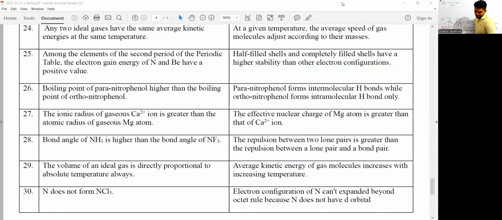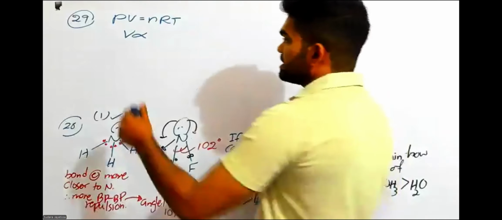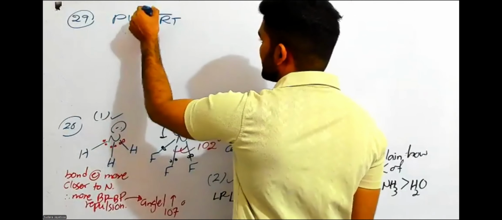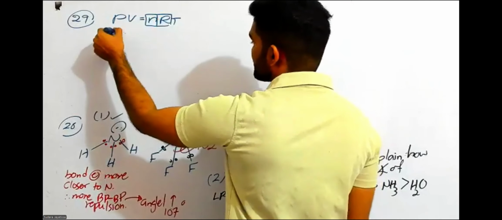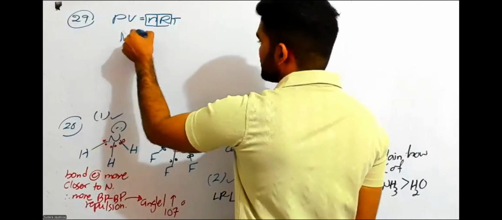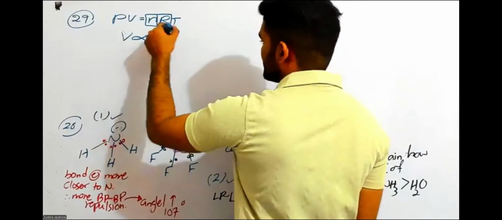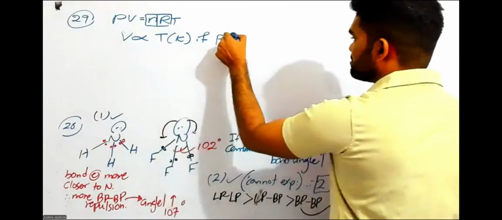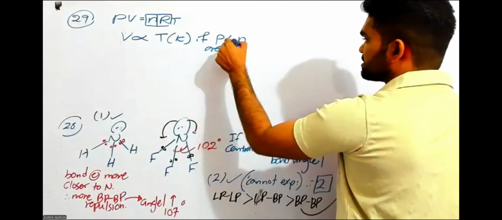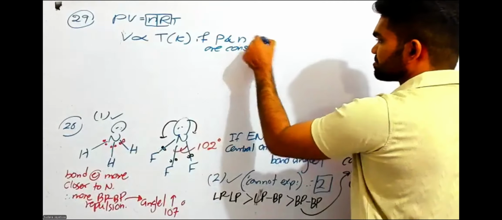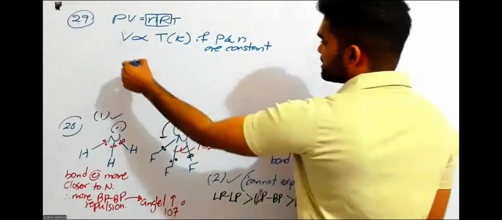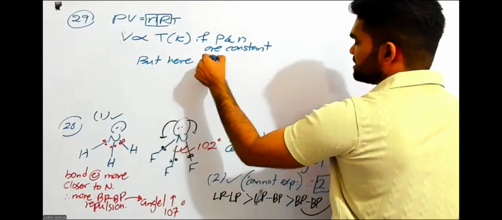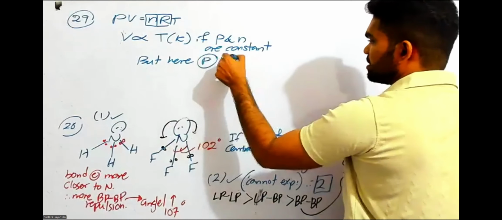No. When they say volume of an ideal gas, moles are constant. R is anyway a constant. Volume will be proportional to absolute temperature if pressure and moles are constant, right? But here pressure is not mentioned.